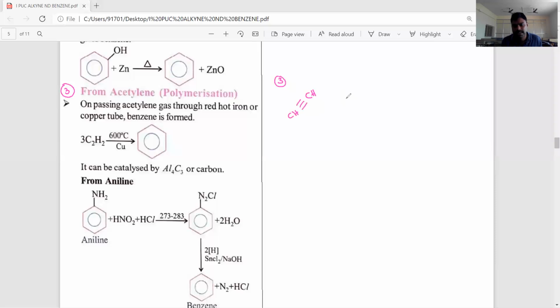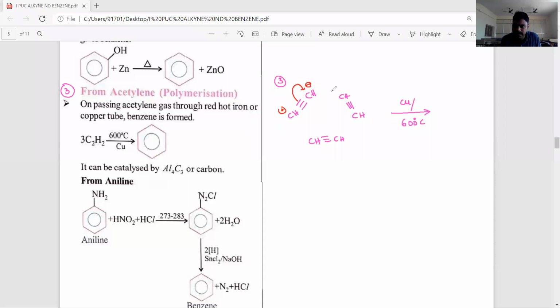For understanding, I am writing the three molecules separately. These three molecules of acetylene are passed through a copper tube at 600 degrees Celsius. Then the carbon atoms combine.